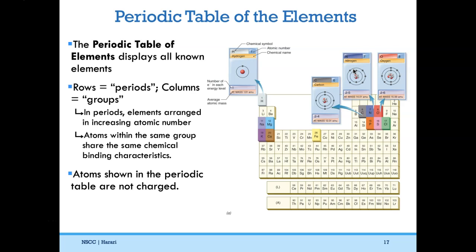If there are 7 positively charged protons, there must be 7 negatively charged electrons. So when you're looking at a neutral atom or an element, the atomic number is the number of protons, as we know, but it's also the number of electrons, since all of these are neutral.